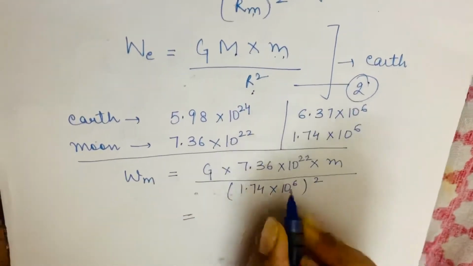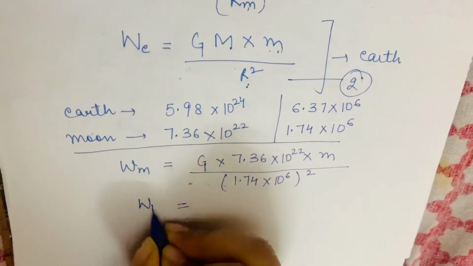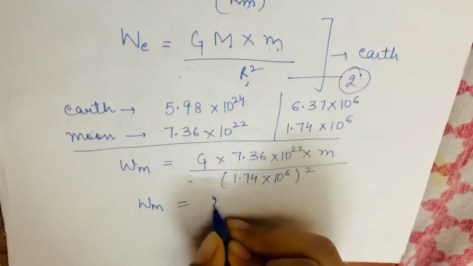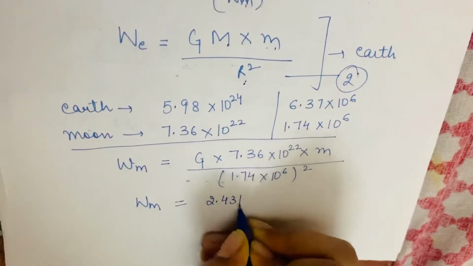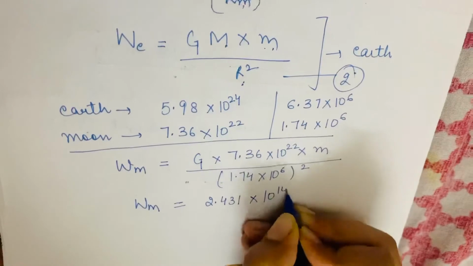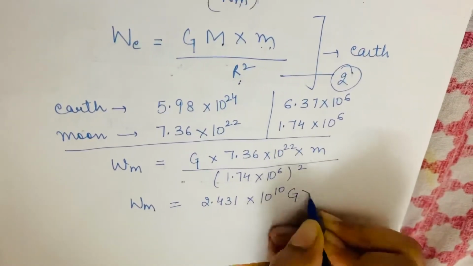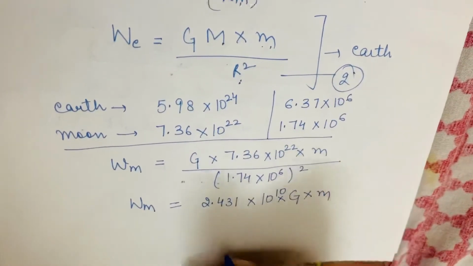When you solve it, the weight of moon will come out to be 2.431 into 10 raised to power 10 capital G into m.